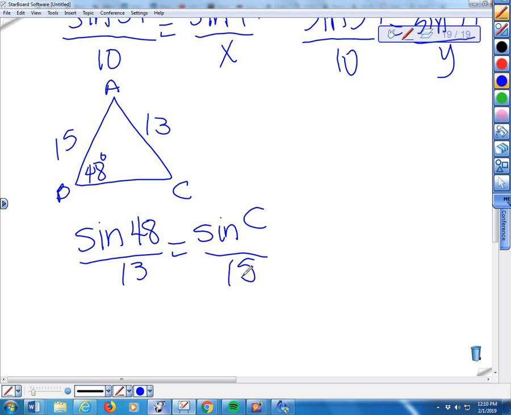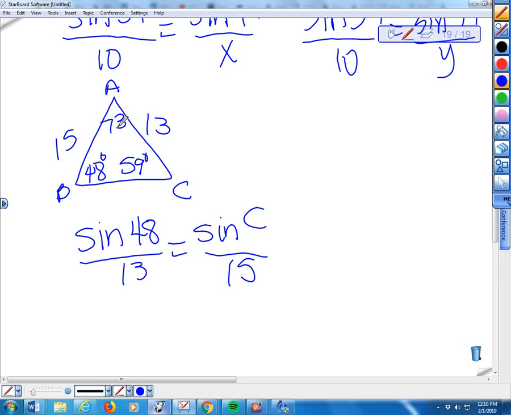So sine c is just 15 sine 48 divided by 13, and then the inverse sine of that. Angle A, or angle C, is 59 degrees. Then I just find the last angle, 73, right? 48 plus 59, subtract from 180.